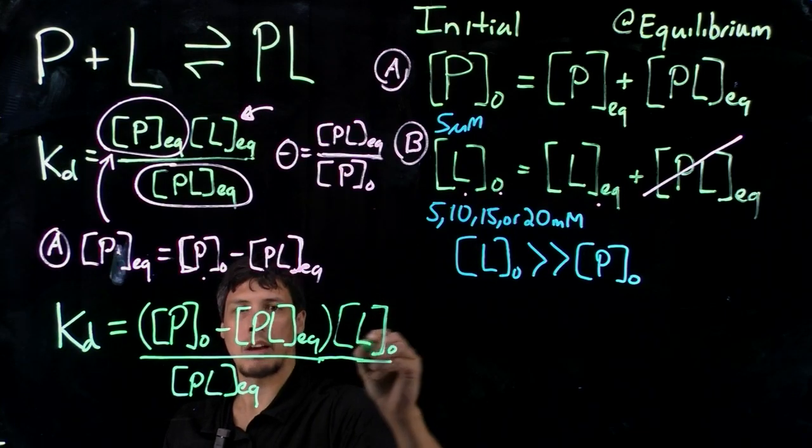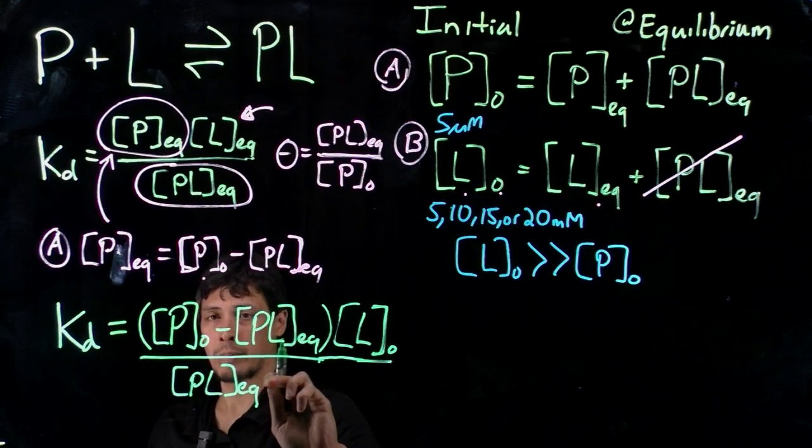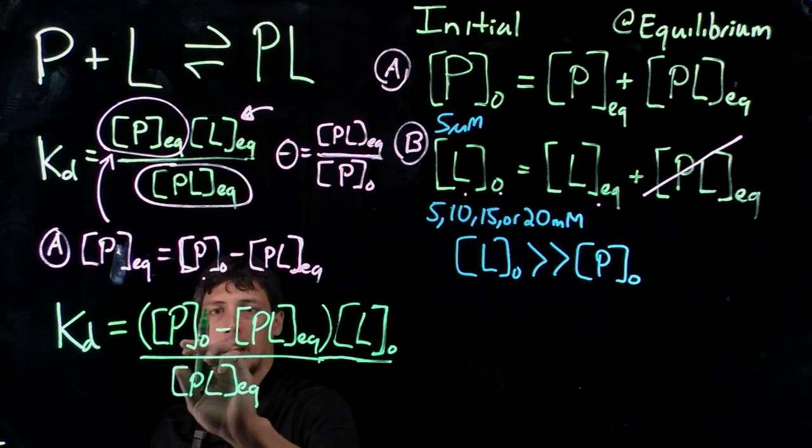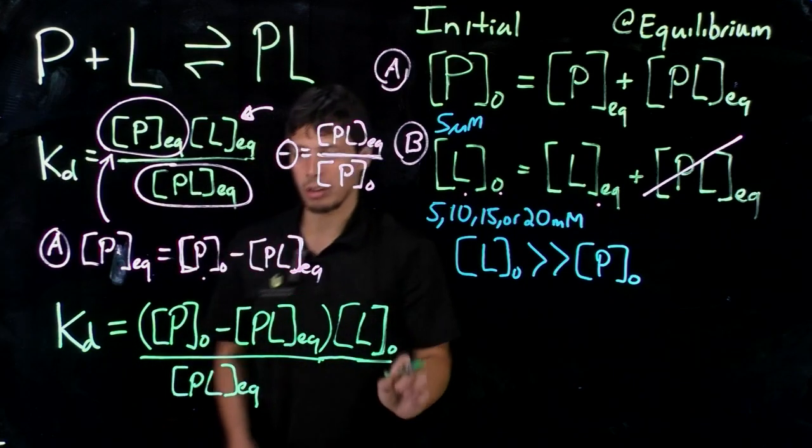So now we have a bunch of terms. We have PL_eq, which we're going to solve for algebraically, and then we have P naught and L naught that we can control for in our experiment.